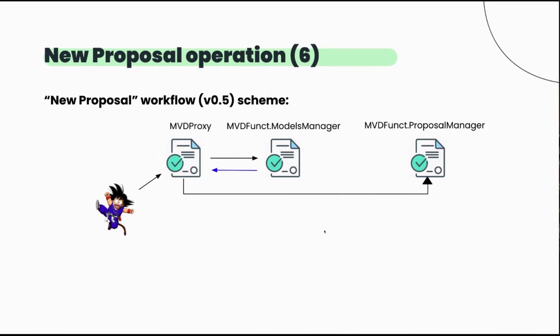From this point we have some changes, because in the 0.5 the functionality proposal manager is very important: it creates the new proposal using a struct, and then the proposal returns to the MVD proxy, which stores it. So the proposal is created and managed through a proposal struct.